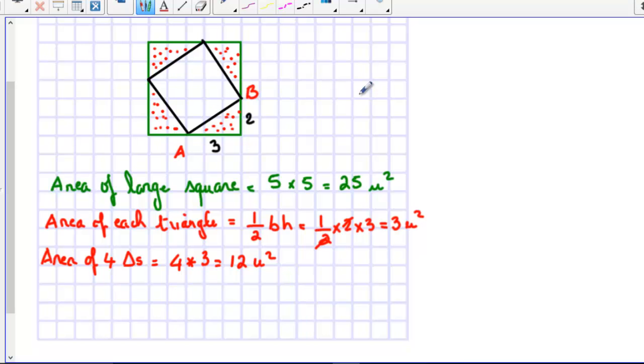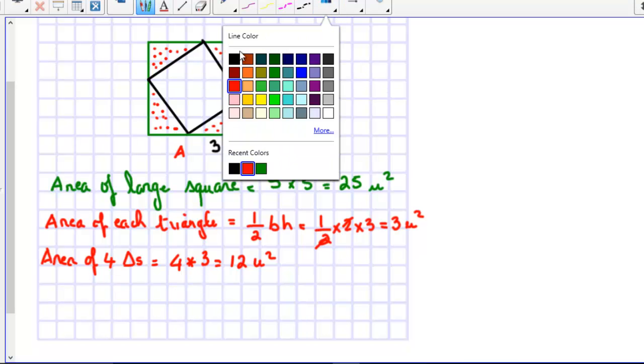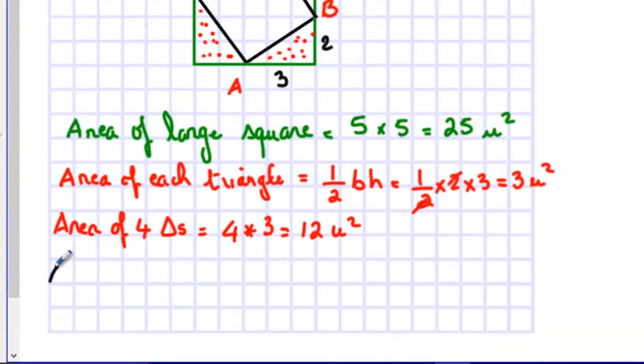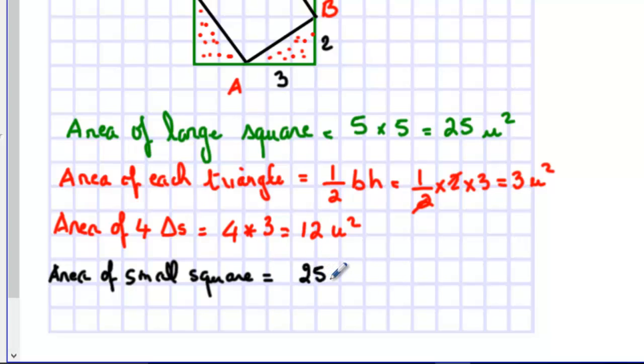So I can change now the color, and I say in black, the area of the small square equals the area of the large green square, which is 25, minus the area of the 4 triangles in red, 12.